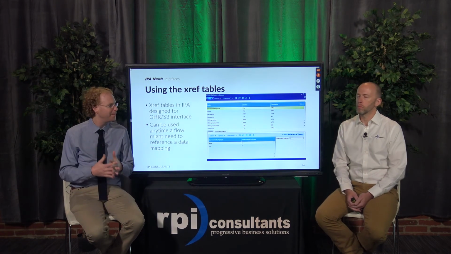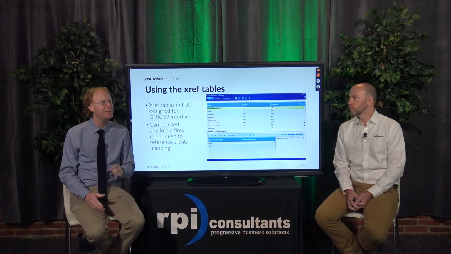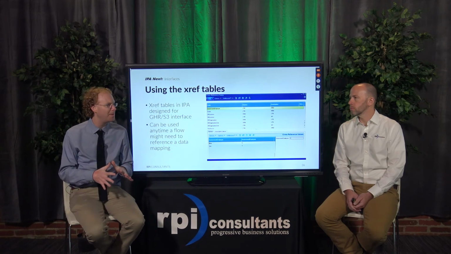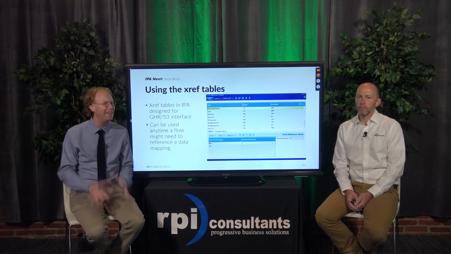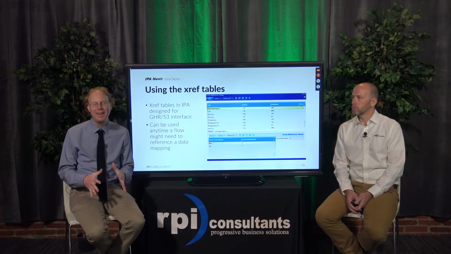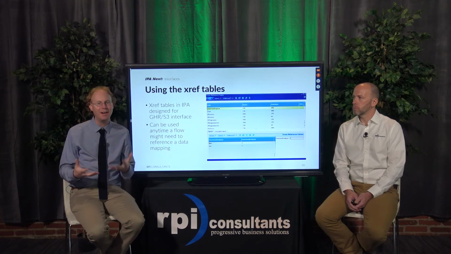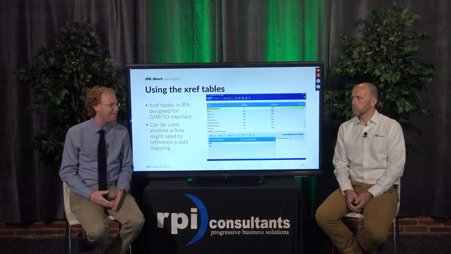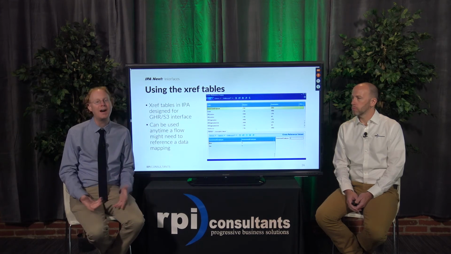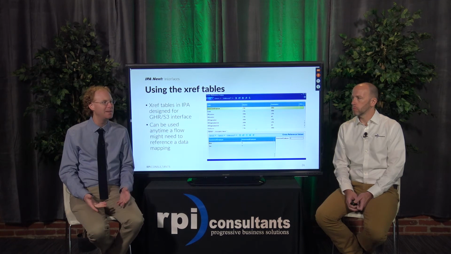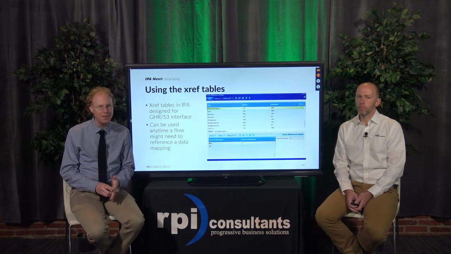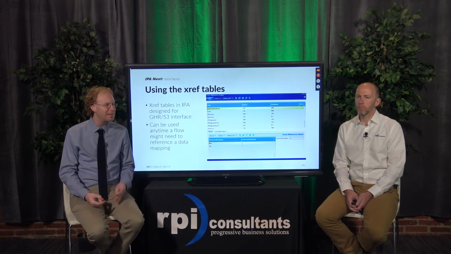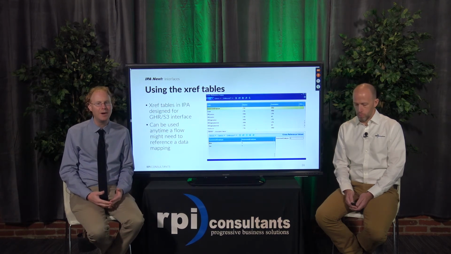The CrossRef Tables are a little known, really valuable nugget here in IPA. Did you know that IPA contains an area for you to load up mapping data or translation data that can be used in interfaces? This feature was designed to power the GHR to S3 interface, mapping of position codes or what have you. But it's available for you to use for any kind of interface flow that you might need it for.